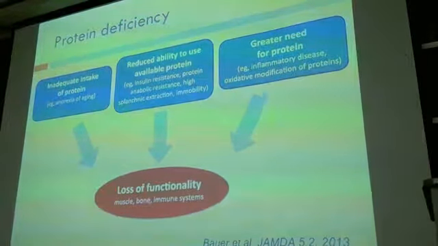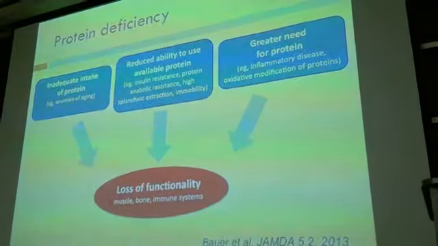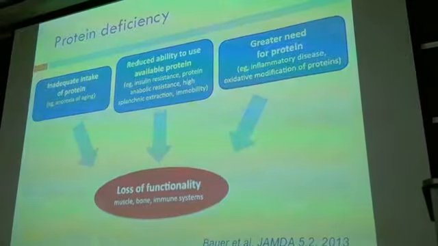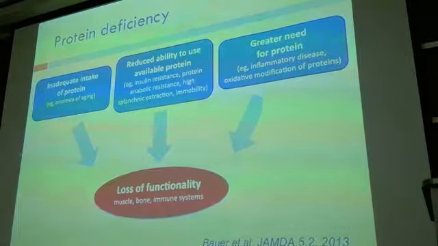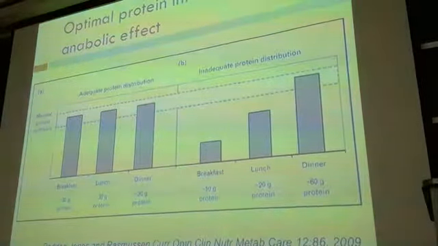That's chronic inflammation, arthritis, things like that, in which there is an inflammatory process that causes greater protein breakdown, and can also affect protein structure through oxidative modification and generating free radicals.